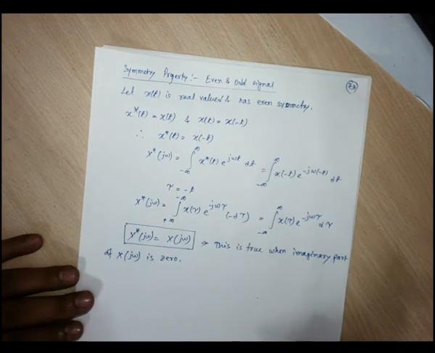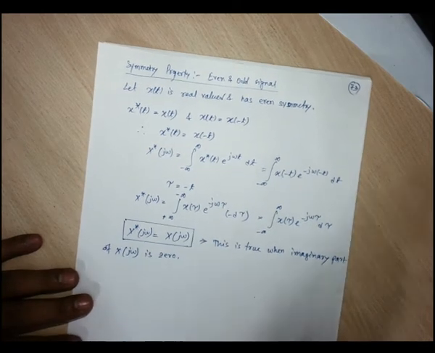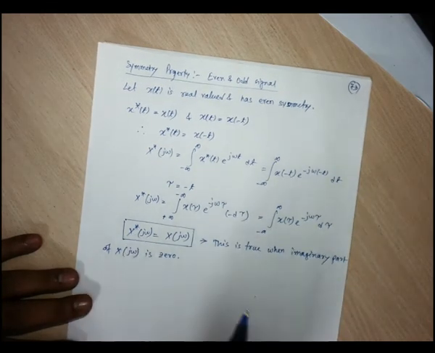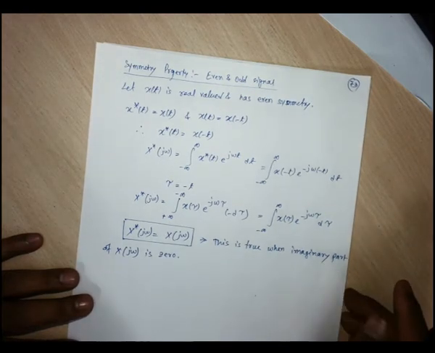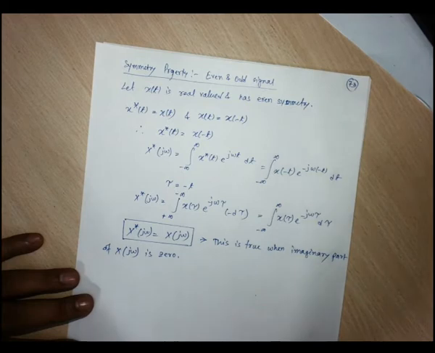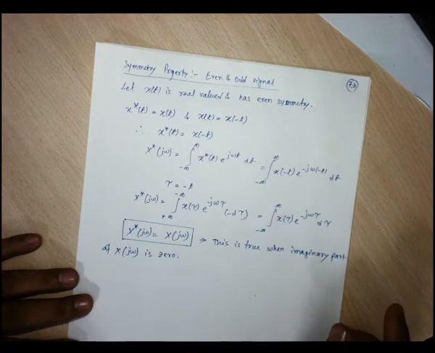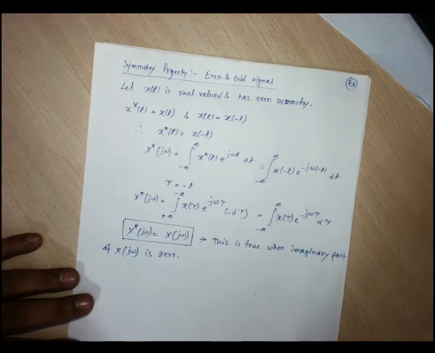Just try to understand. The conjugate of this x of j omega is the same as x of j omega. When is it possible? If we have a plus jb, the conjugate will become a minus jb, and a plus jb and a minus jb are the same only when this imaginary part is 0, right? When jb is simply 0.